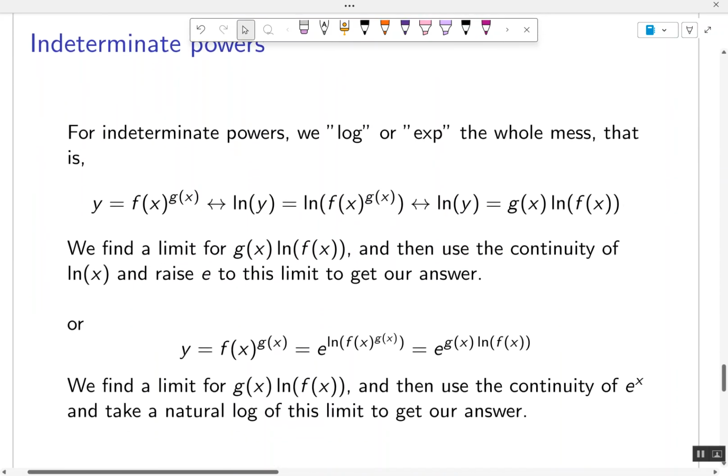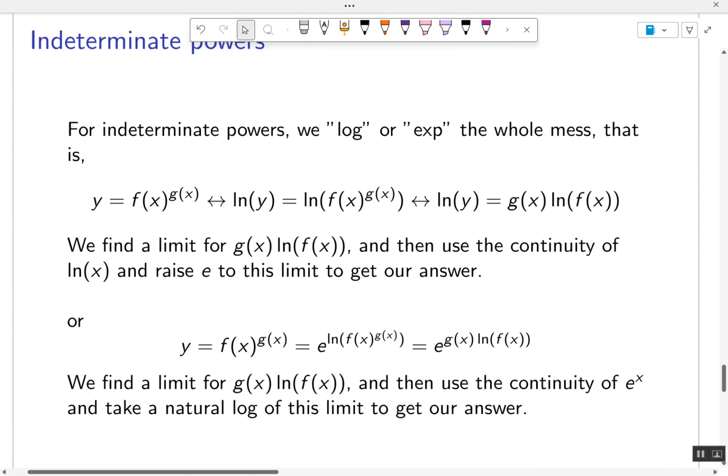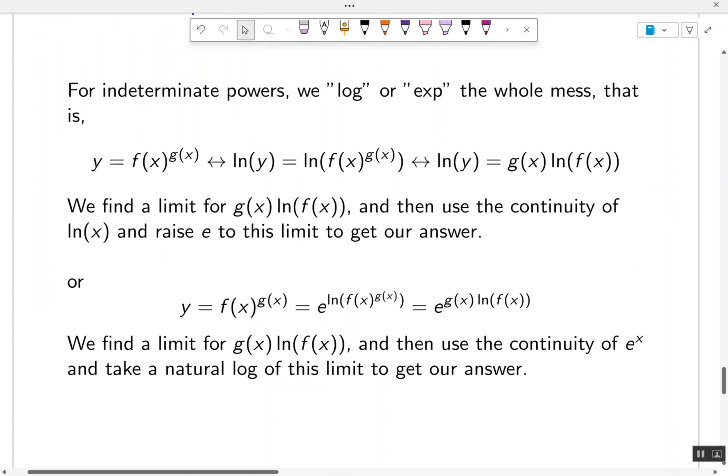So for indeterminate powers, what we do is we use logarithmic tools. We start right here. We take the natural log of both sides. So we have natural log of y equals natural log of the right-hand side.